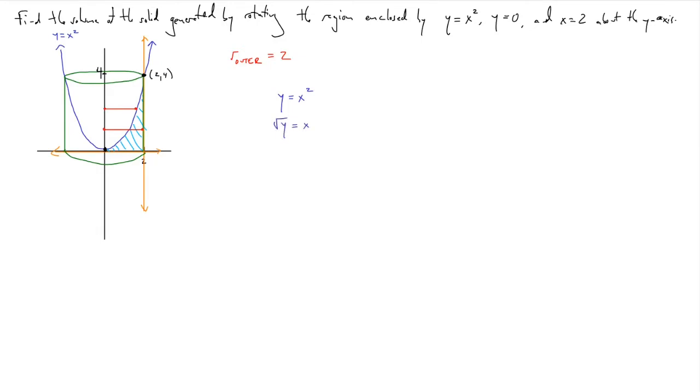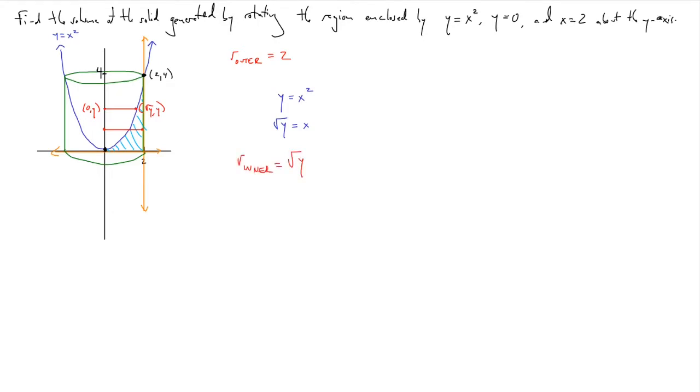And we can see that x is the square root of y. And if you like thinking about it in terms of coordinates, the coordinates of the left-hand endpoint are (0, y), and the coordinates of the right-hand endpoint are (square root of y, y). And so the inner radius in this case is just the difference between those x values, and square root of y minus 0 is square root of y.